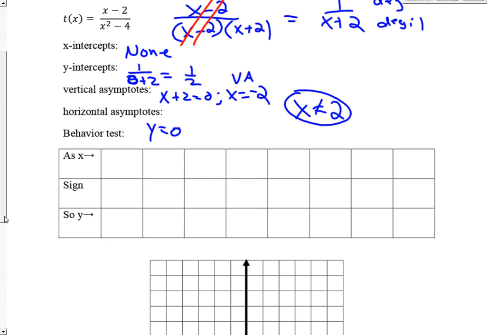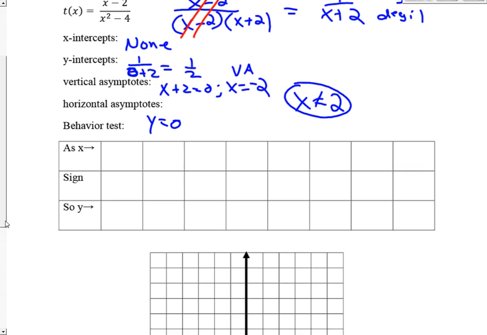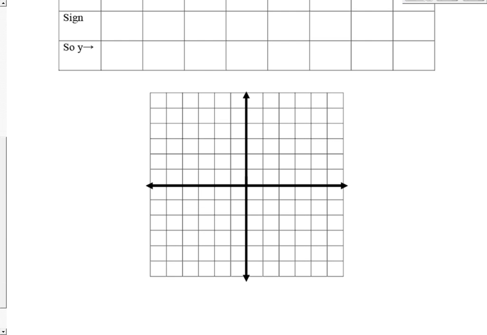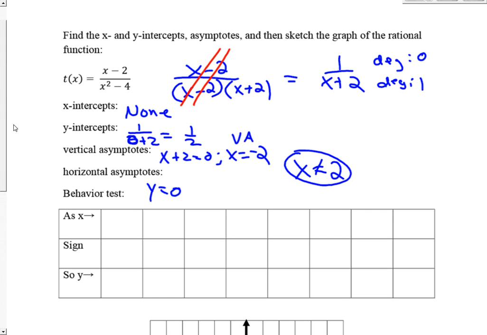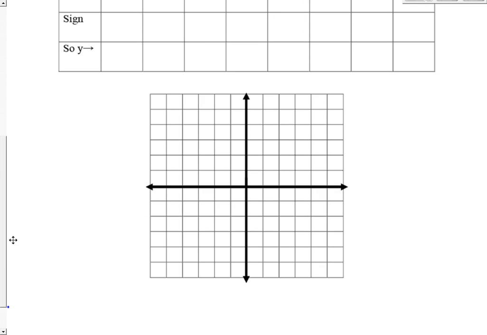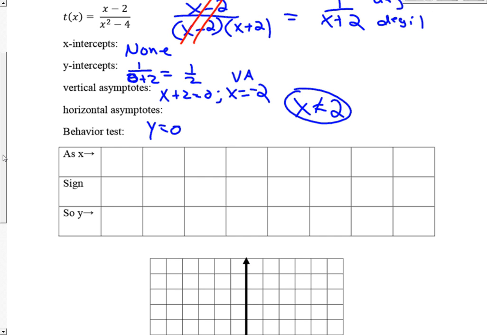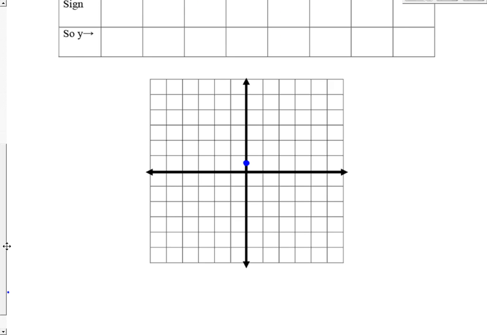All right, so now let's go ahead and graph everything. We're going to go down here. Our y-intercept was 1/2. Our vertical asymptote was at -2. I provided the boxes, but you don't have to use them on the test.